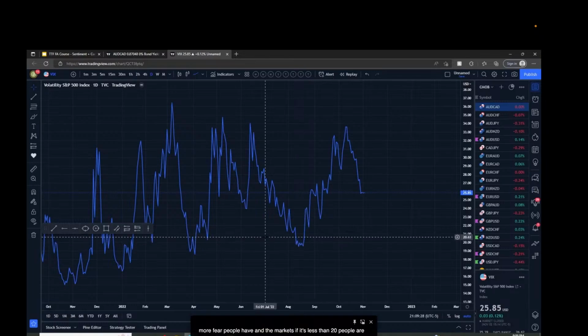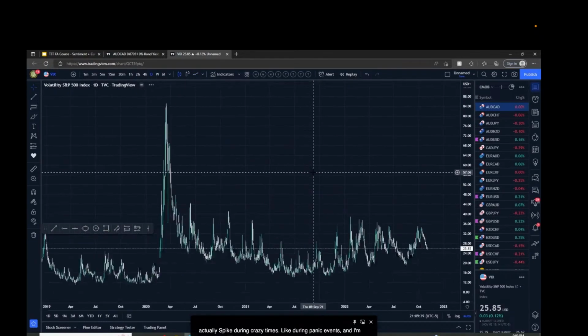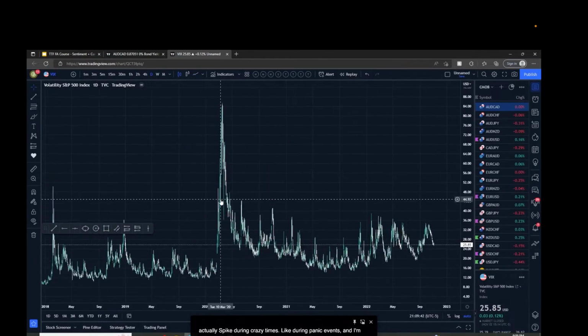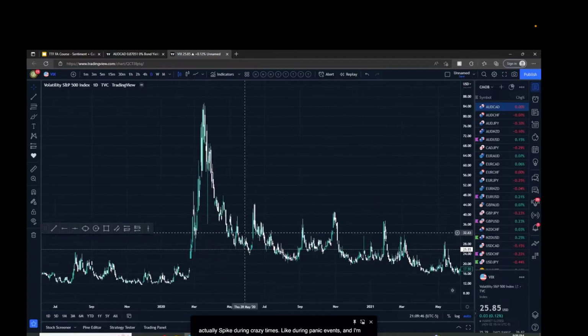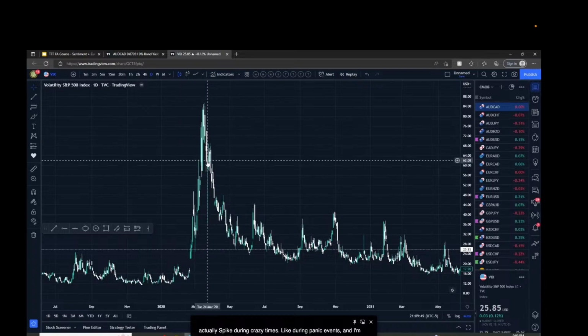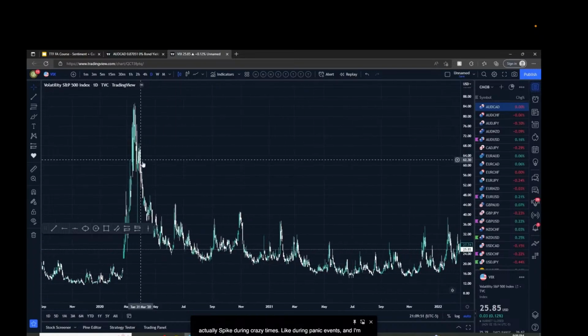And so what you will see here is that the VIX will actually spike during crazy times, like during panic events. And I'm going to switch to candles because it's a little bit easier to view. And as I scroll out, you can see March 2020, whenever COVID hit, the VIX skyrocketed, as you can see here, and it's been slowly diminishing ever since. It had little moments of spurts.